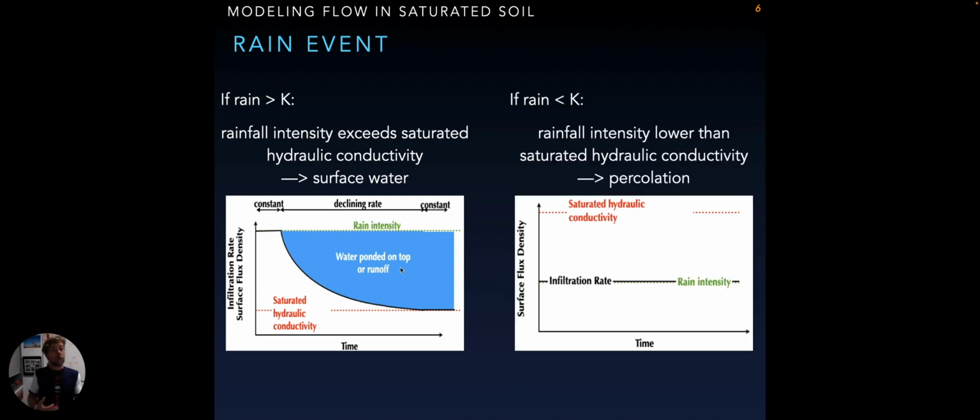If the rain is precipitating at a slower rate than the hydraulic conductivity, then you allow all the water to infiltrate the soil because you're not saturating your system, and so your infiltration rate will be equal to your rain intensity.